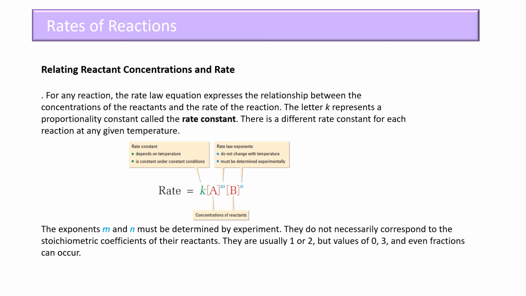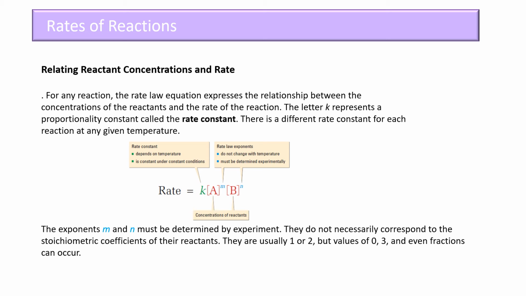For any reaction, the rate law equation expresses the relationship between the concentrations of the reactants and the rate of the reaction. The letter k represents a proportionality constant called the rate constant.